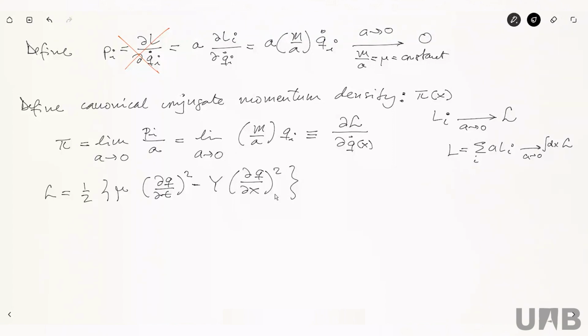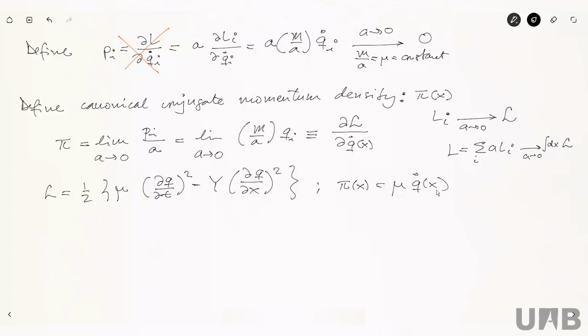So now we can compute this pi. Okay, so who is pi? So pi of x is the derivative of this L with respect to Q dot. So that is mu Q dot of x, right? So that's what it is.